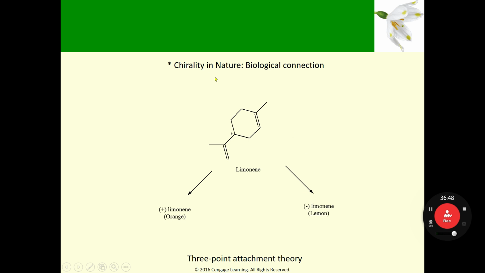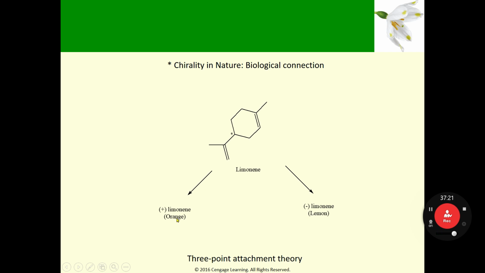Let's take an example. This is a limonene molecule. You have one chiral center. We can imagine plus and minus, all right? Plus is the isomer that rotates plane polarized light to the right direction. The minus is levorotatory. In this case, the plus isomer tastes like orange.